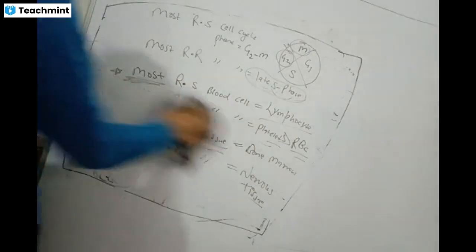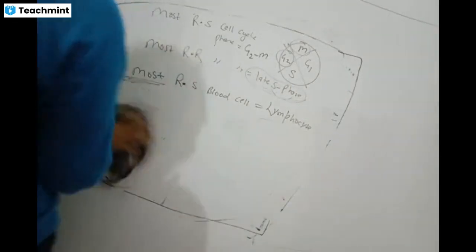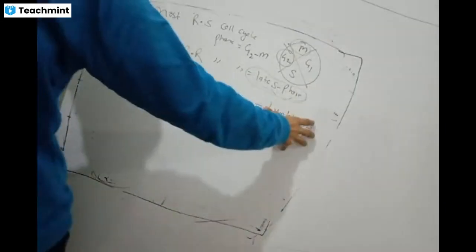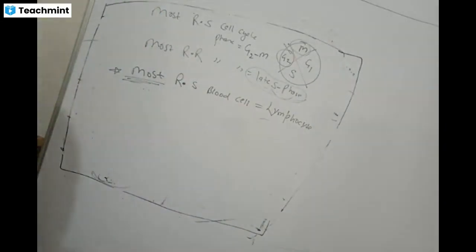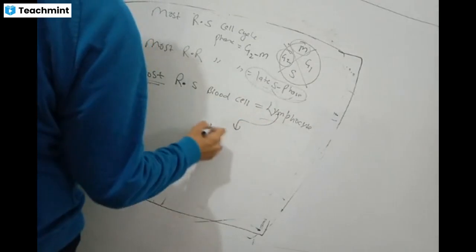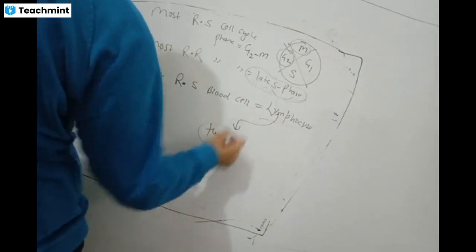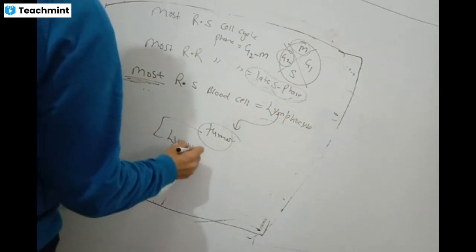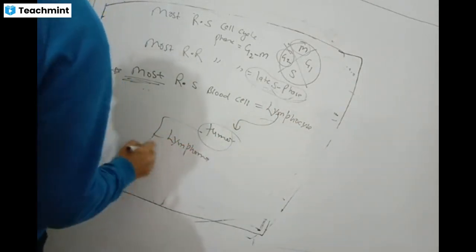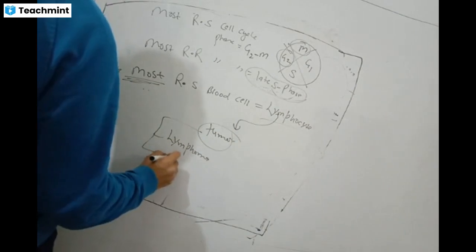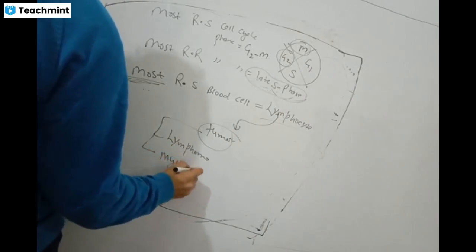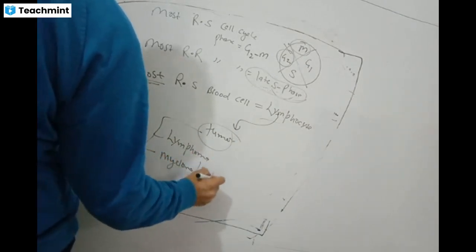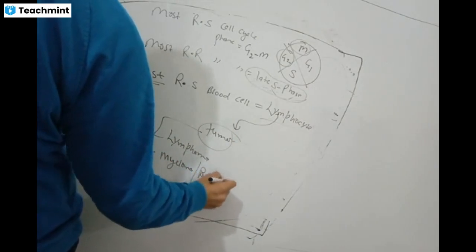One more which is related with the lymphocyte. The lymphocyte is itself most radiosensitive. So the tumor of the lymphocyte, for example lymphoma, and multiple myeloma, which is nothing but a tumor of B lymphocyte.